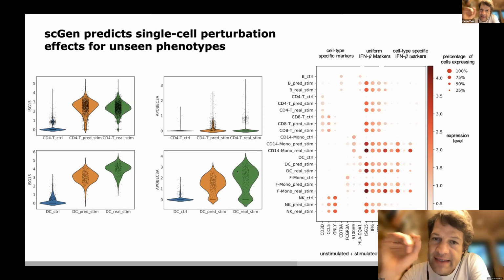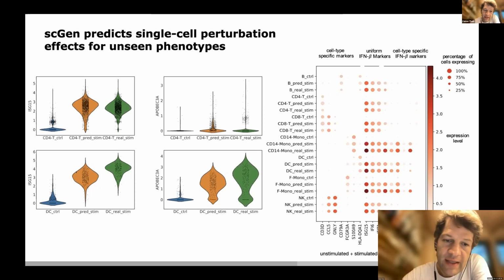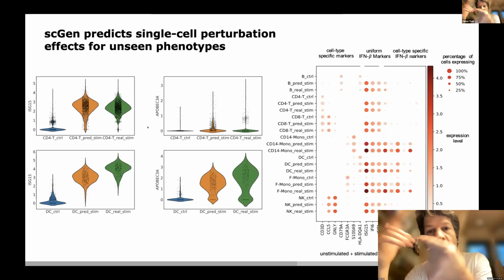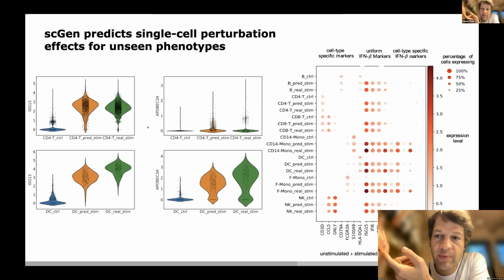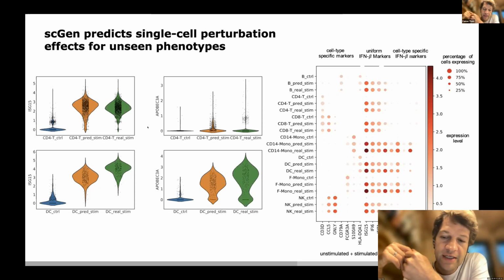And this is really a key point. We have not learned then a linear signature, because this signature is different from this one. You don't learn a linear one, but you learn a cell type specific one. It's just linear in latent space, but because of the decoding, it gets non-linear in the gene expression space. That's why you can have cell type specific responses. And I thought that's actually quite a nifty and cool property.